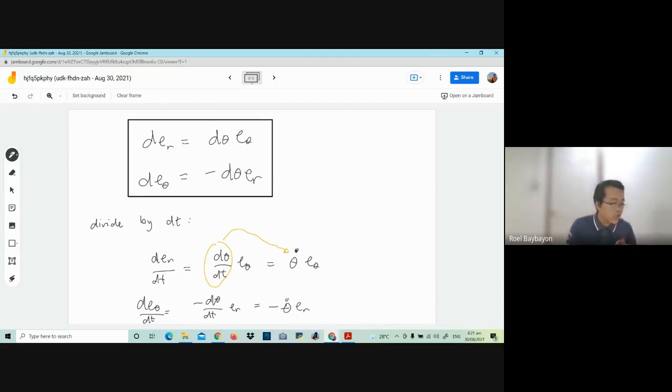So this is now my change of e_theta with respect to time, and change of e_r with respect to time.